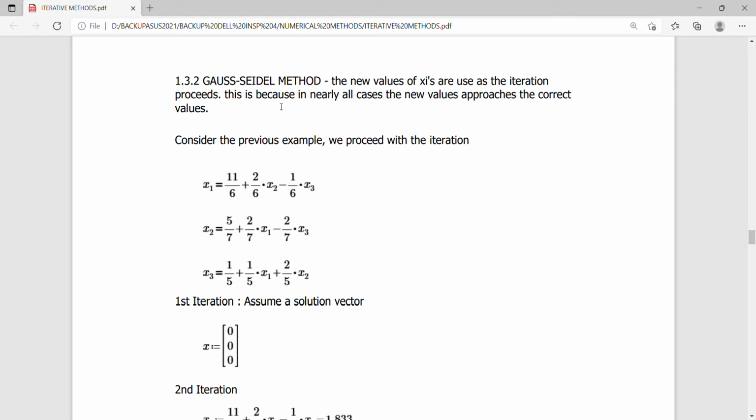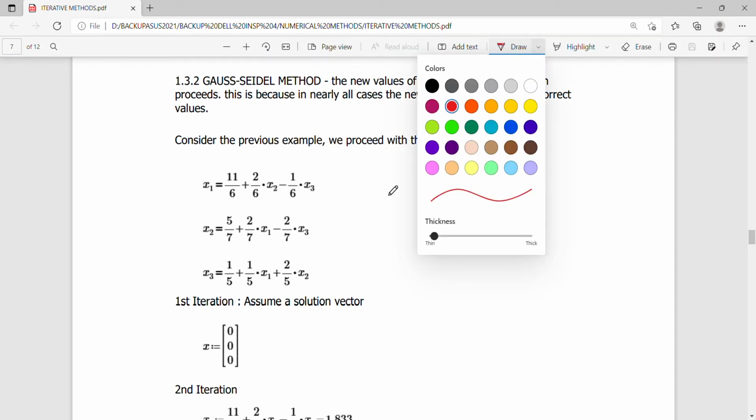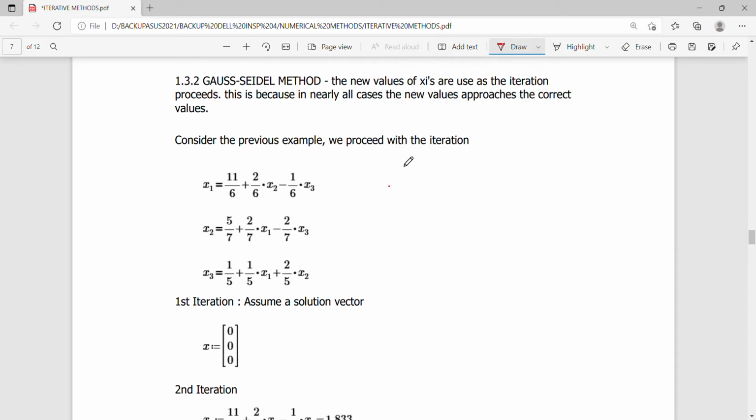Okay, so this Gauss-Seidel method is actually anchored on the equation upon which, if we have a set of coefficient matrix A in the form of A11 x1 plus A12 x2 plus A13 x3 equals B1, we will come up with the solution for x1 in this regard.